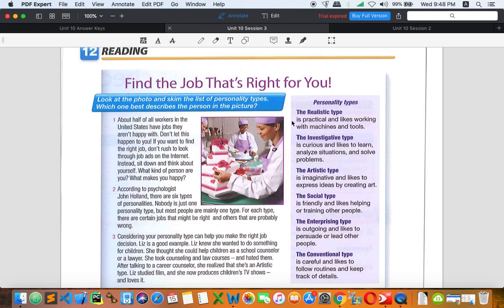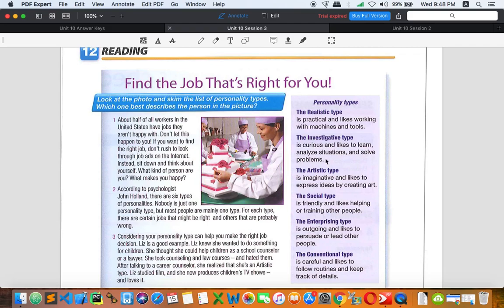If you take a look at this column on the right, personality types. So these are the 6 personality types. I want you to read and find out each particular type and try to understand that, and you can feel like one or maybe two or maybe more than this are your own personality types. Remember, one person can have more than one personality type.